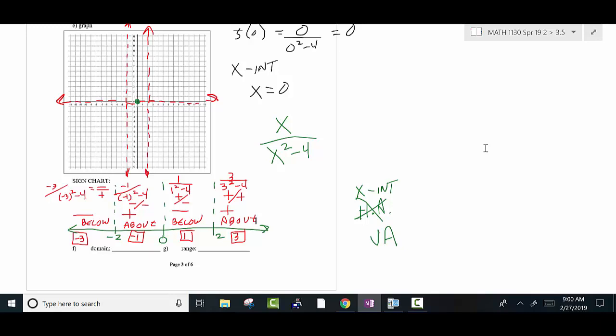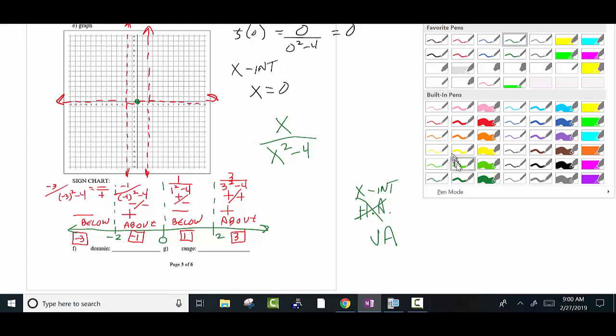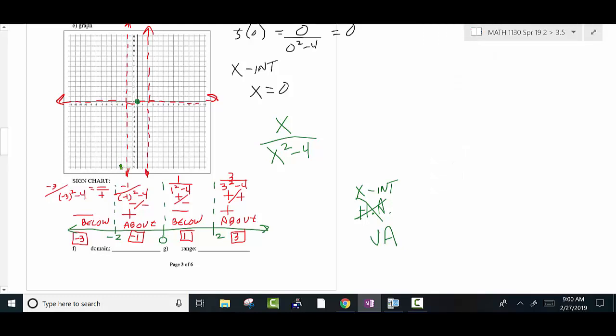So you're going to kind of go like that, and then you just connect. Now all I'm having you do on this is a very rough sketch. You just kind of go like that, and then connect it into that shape. It doesn't have to be perfectly accurate to me. I just want the shape there.